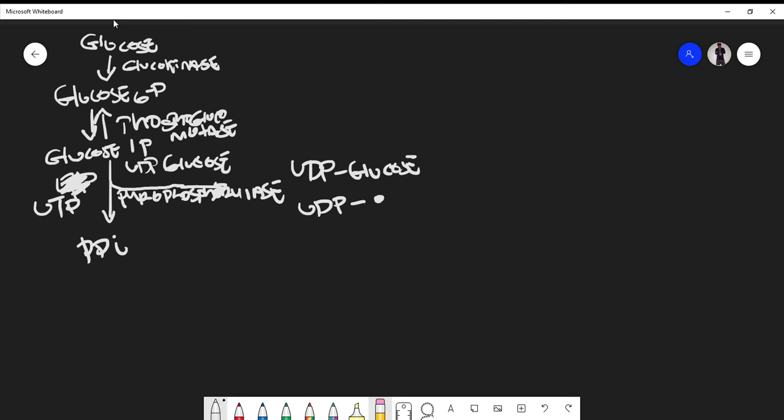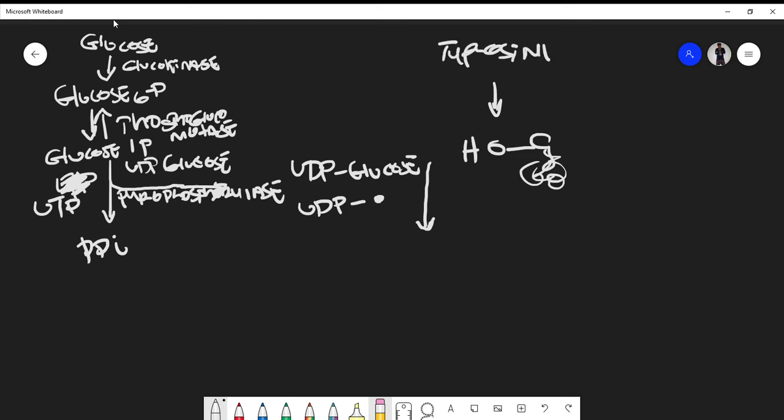It needs a primer, and this primer is what we call glycogenin. In your biochemistry courses, you will see glycogenin, and glycogenin is essentially a protein that has tyrosine residues.